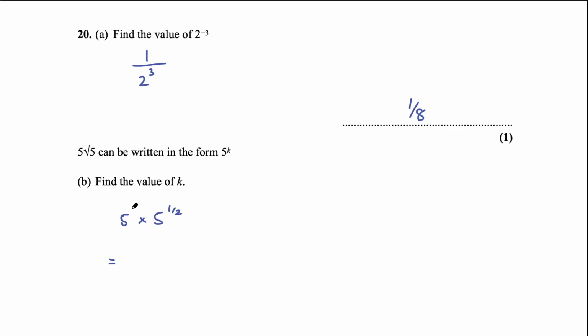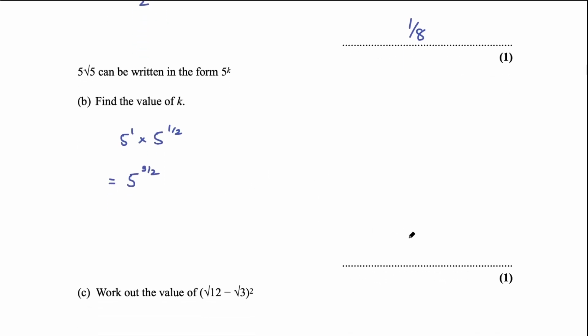So this could be written as 5 to the power of 1, essentially. If you have an integer and it doesn't have a power, it's the same as writing 5 to the power of 1. So we've got 1 plus a half, which is 5 to the power of 1.5, or 3 on 2, however you want to write that. So final answer there, value of k, 3 on 2.